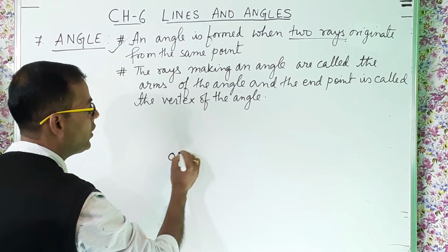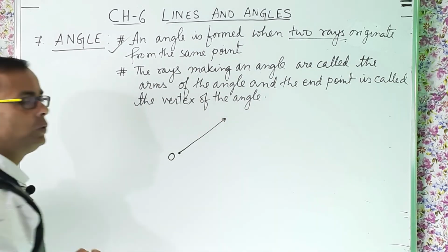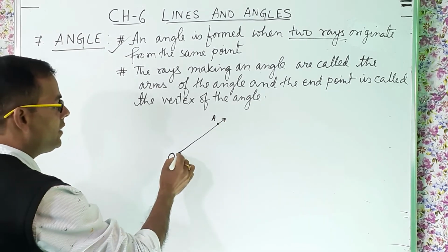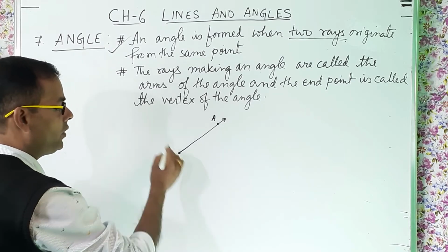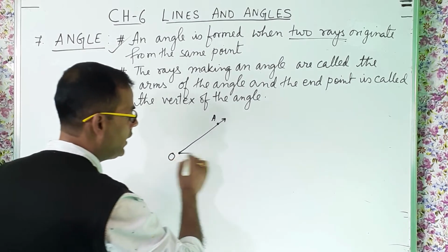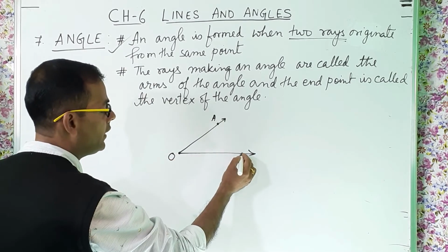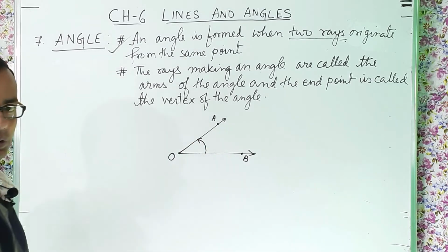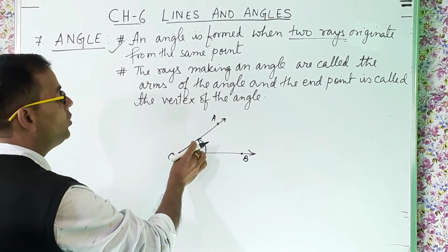Suppose one ray is originating from this point O, and I give the ray the name A, and another ray is originating from point O only, like this, and I give it the name B. Then you can see one angle is formed.